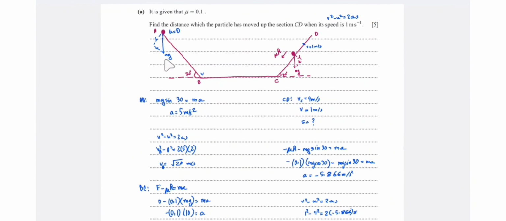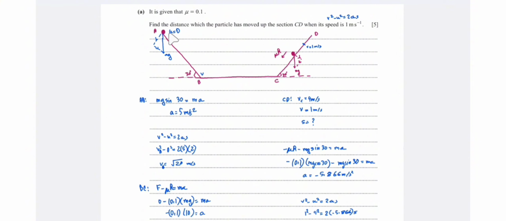For the object, the weight mg is acting vertically downward. If we break the weight into its components, the perpendicular one is mg cos 30, and the opposite side is sine.